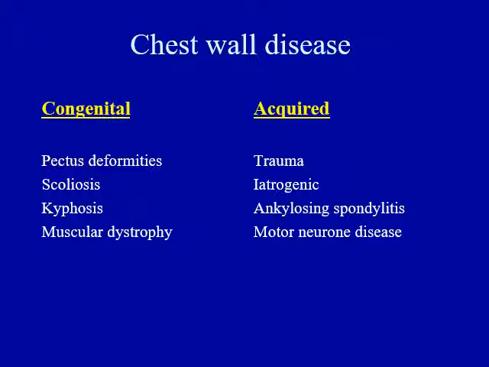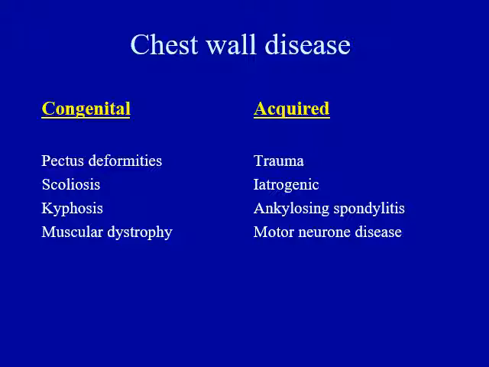Congenital, like those affecting the sternum, called pectus deformities, like pectus carinatum or pectus excavatum, which result in pigeon chest deformity or funnel-shaped chest, or diseases affecting the spinal column, like scoliosis, lateral bending of the spine, or kyphosis, posterior bending of the spine, or kyphoscoliosis, both of them.